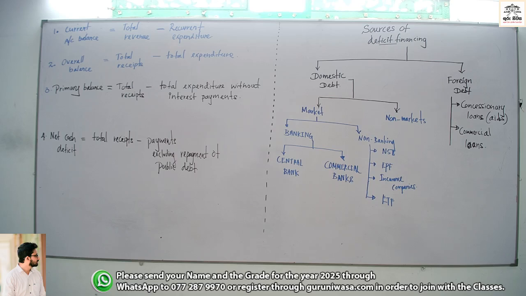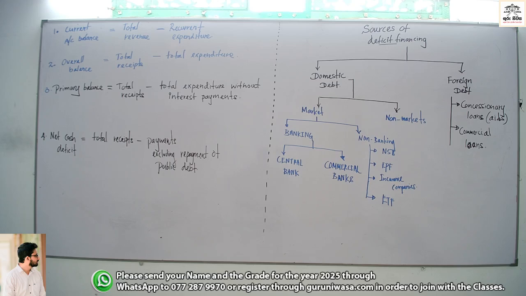Third one, primary account balance, which is considered a really important point in government's fiscal management. And the last one, I'm going to start today's session with: net cash deficit.